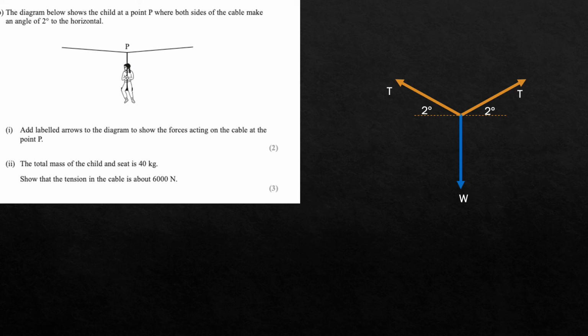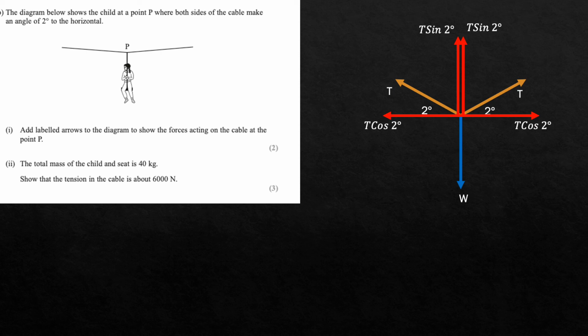So let's draw the free body force diagram for the child. Tension makes 2 degrees to the horizontal and weight is acting downwards. If we resolve the tension into its vertical and horizontal components, we get T sine 2 vertically and T cos 2 horizontally.